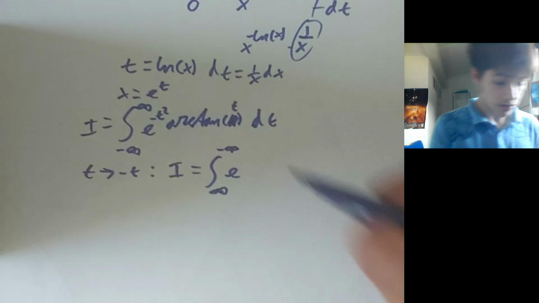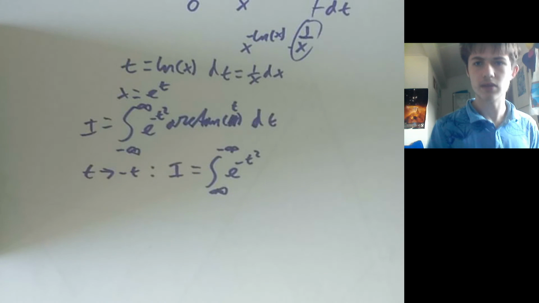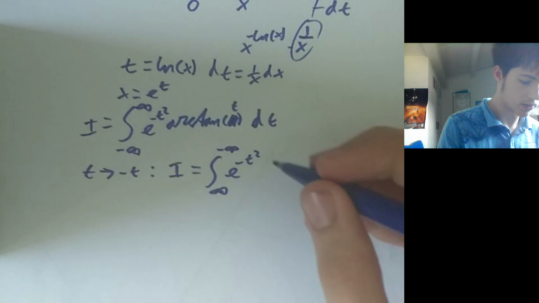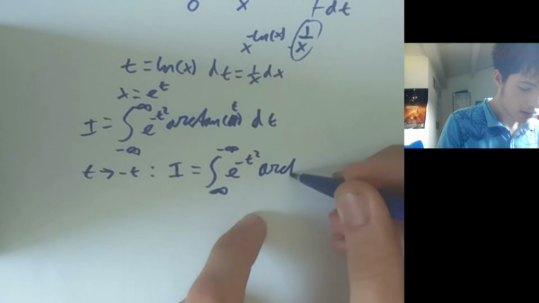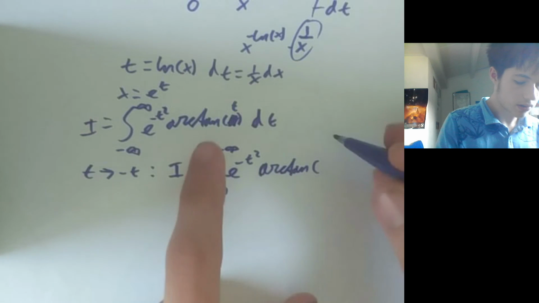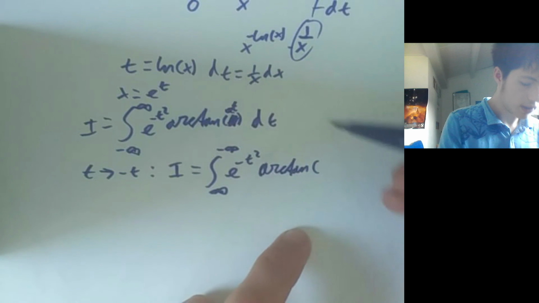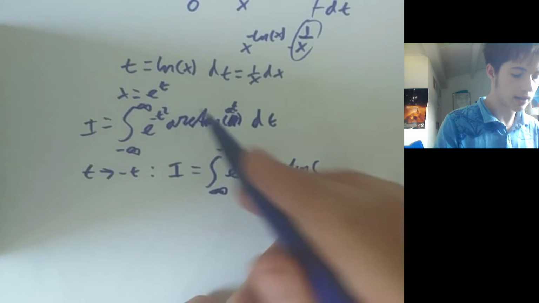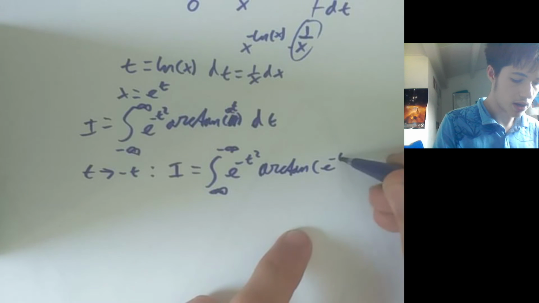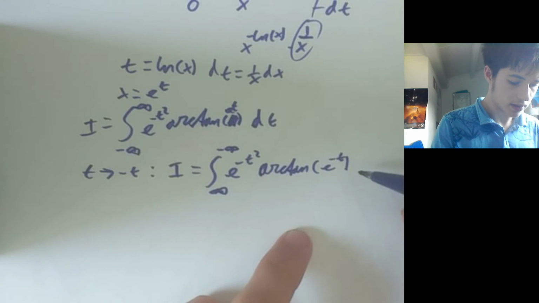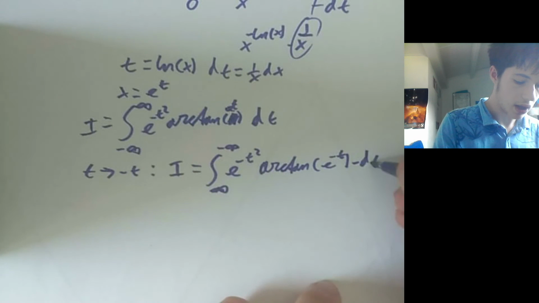Negative t squared is still t squared, so we get here e to the negative t squared, and then the inverse tangent. This bit actually changes, so we get, should have been an e to the t, of course, because there was an x, and x is e to the t, so the arctangent of e to the negative t, and then the differential becomes negative dt.